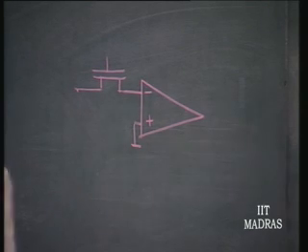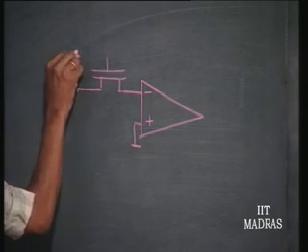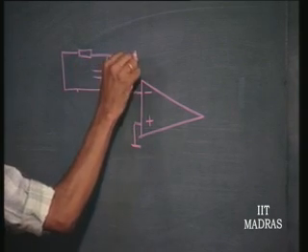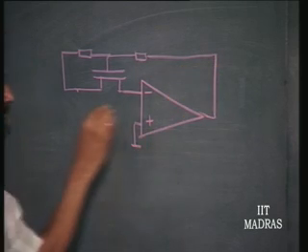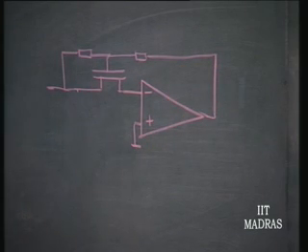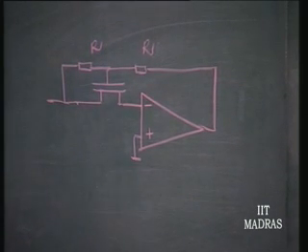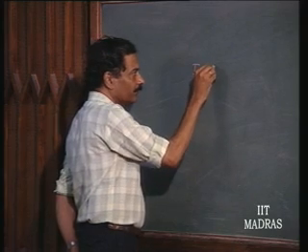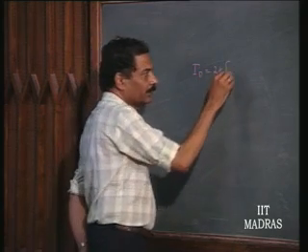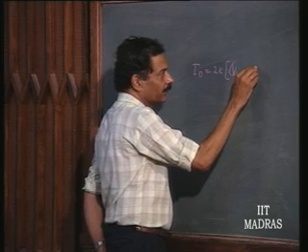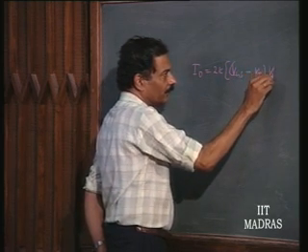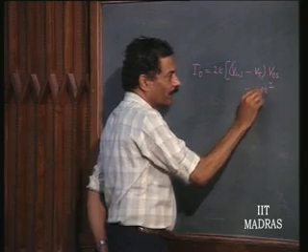I am using a FET as a voltage dependent resistor. Let us say we can put the linearizing blocks here, as we had discussed earlier, so that it is a linear voltage dependent resistor. This we had seen earlier, because the characteristic for this FET in the triode region is ID equal to 2k times (VGS minus VT) into VDS minus VDS squared by 2.